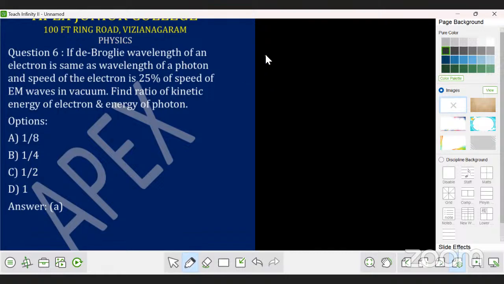What is the general formula for de Broglie wavelength? Lambda equal to h by mv. And the velocity of that electron is given as 25% of speed of EM waves in vacuum. That is light speed only. EM wave speed in vacuum means light speed.